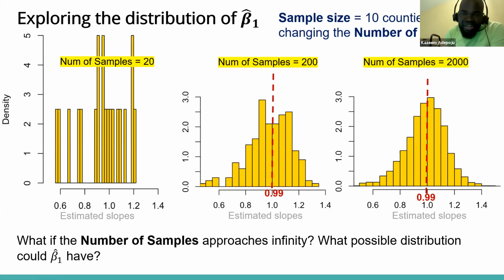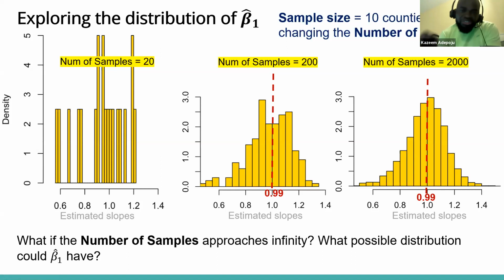What you have from here to here is the values of the beta 1 cap. But the center of that, if it follows normal distribution, is the beta 1, which is the true value.